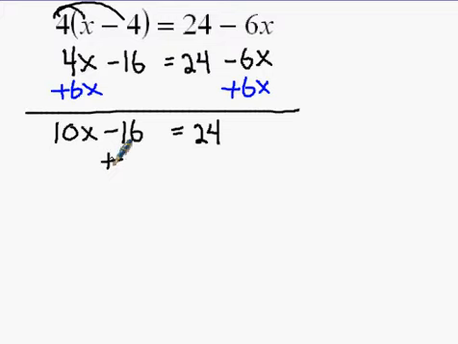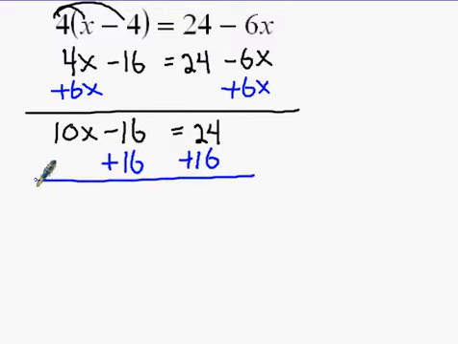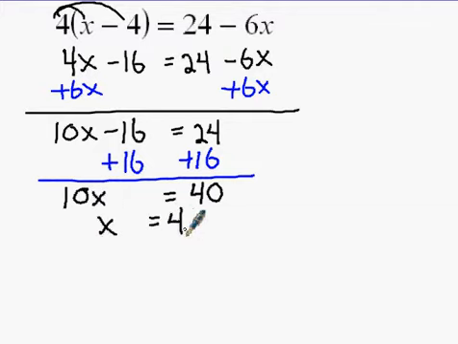Let's add 16 to each side. That's going to get me 10x. The 16's cancel out. I get 40 here. So 10x equals 40. And then x equals 4.